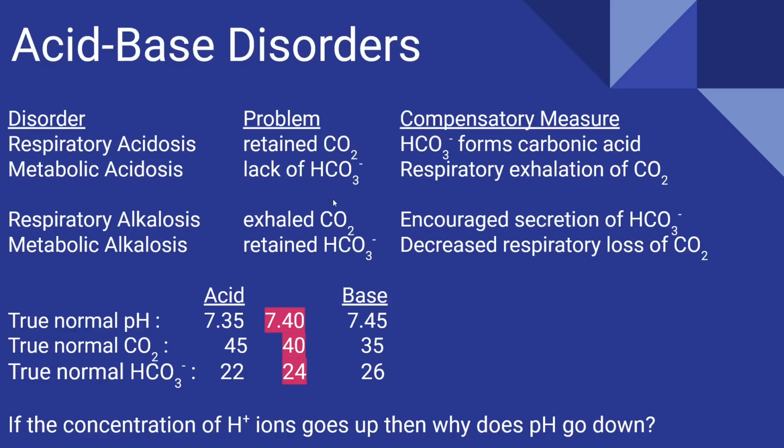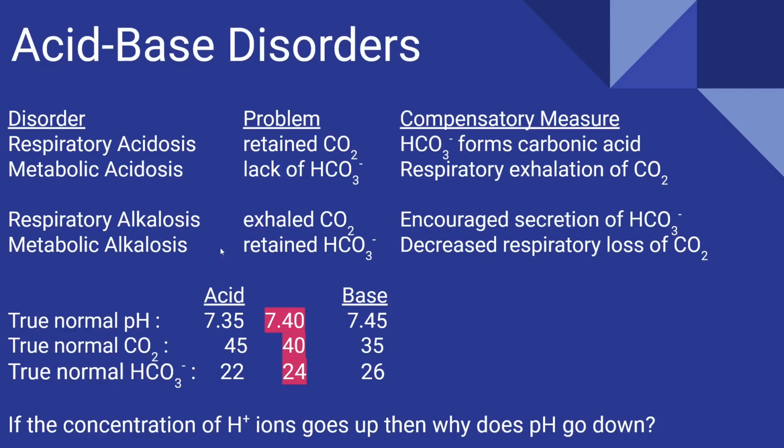Metabolic acidosis is a lacking of bicarbonate typically, and what we can do is correct the acidosis by exhaling more CO2. Respiratory alkalosis, the problem is we have too much exhaled CO2, so in a hyperventilatory state, what we can do is encourage the secretion of that bicarbonate.